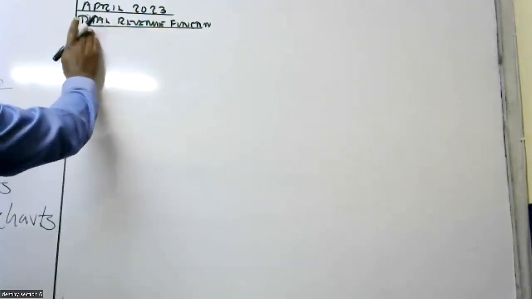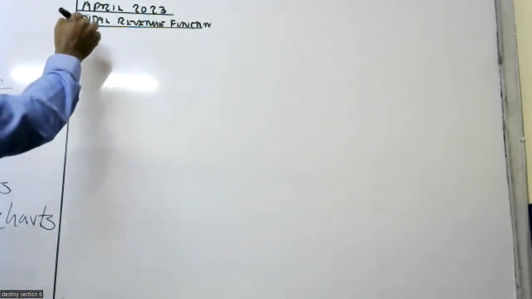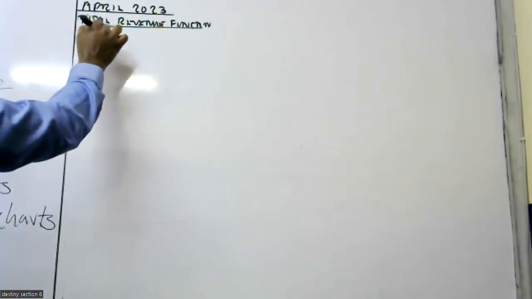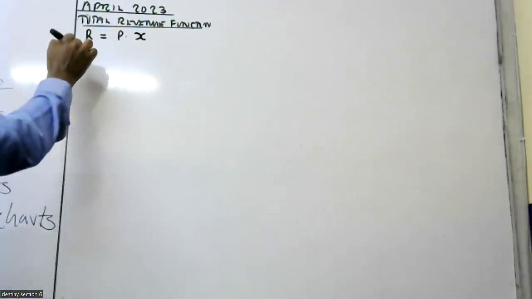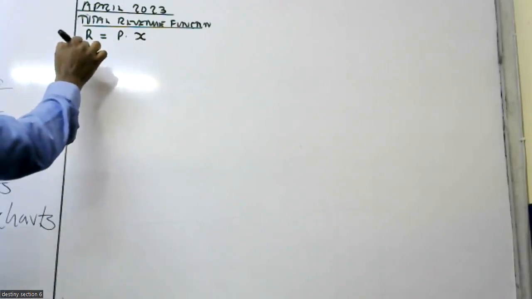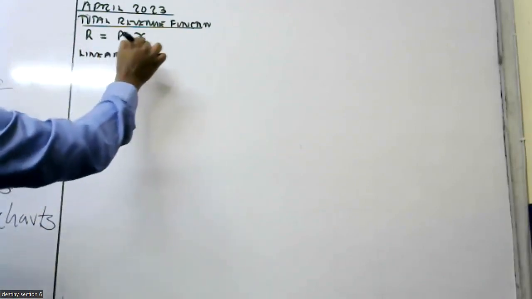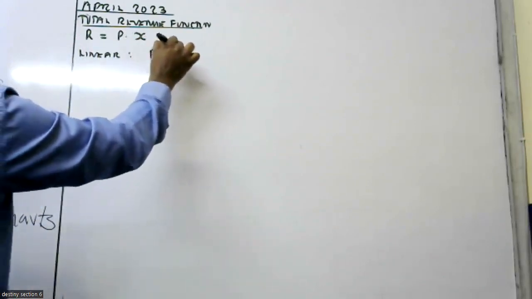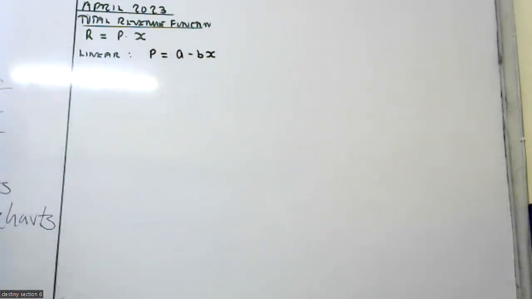So we are going to argue like this: if we want revenue, we say revenue is equal to price times the units. Now, the price is linear. And being linear, it means that P is equal to A minus Bx or Bq.